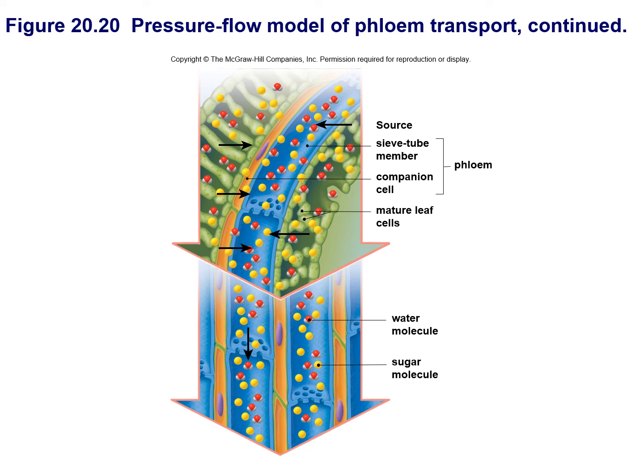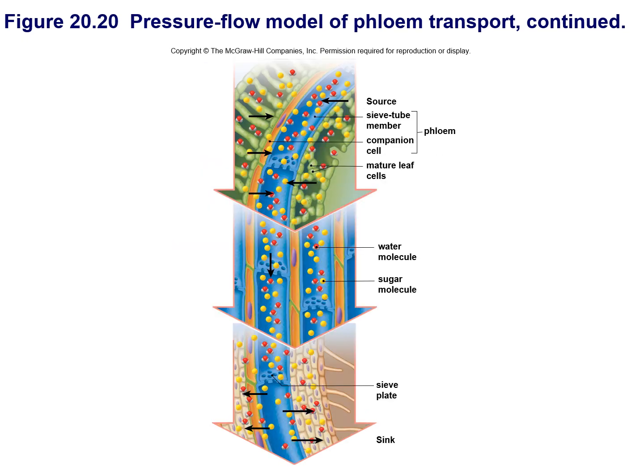But as you can see, right, sometimes the water stays depending on what the plant needs, or the sugar will stay depending on what the plant needs. So it just depends on its needs at the time and how much it's able to make energy from the sun. So that's why a plant needs water and sugar at all times. Most of the time this is how they transport it down.